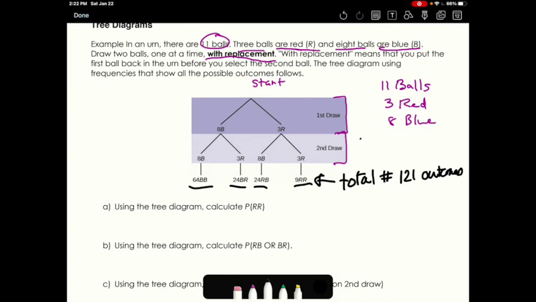Now, the other way that you could look at it, using the multiplication rule, there's 11 balls on the first pick, and then because you do it with replacement and you put that first ball back in, you have 11 balls on the second pick. When you multiply those, you still get 121 outcomes.